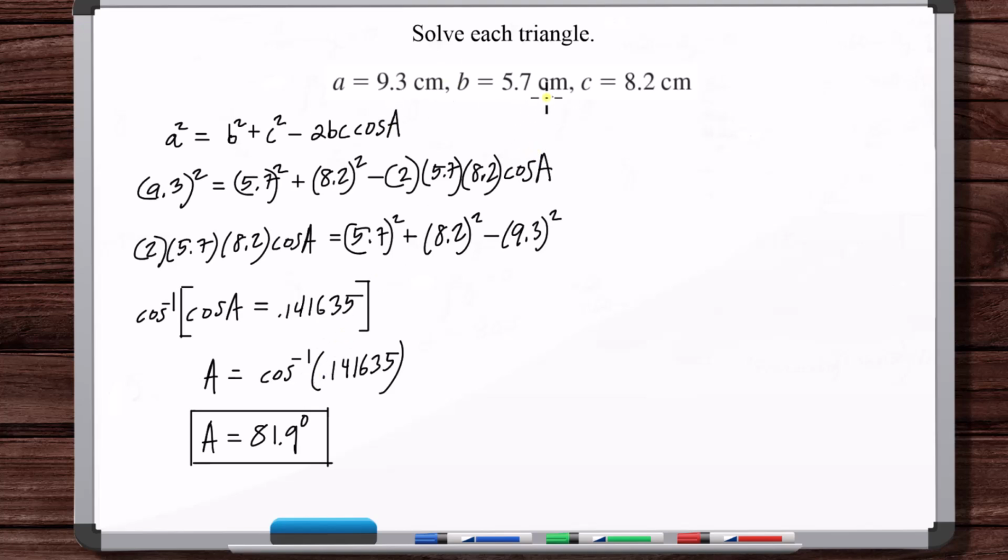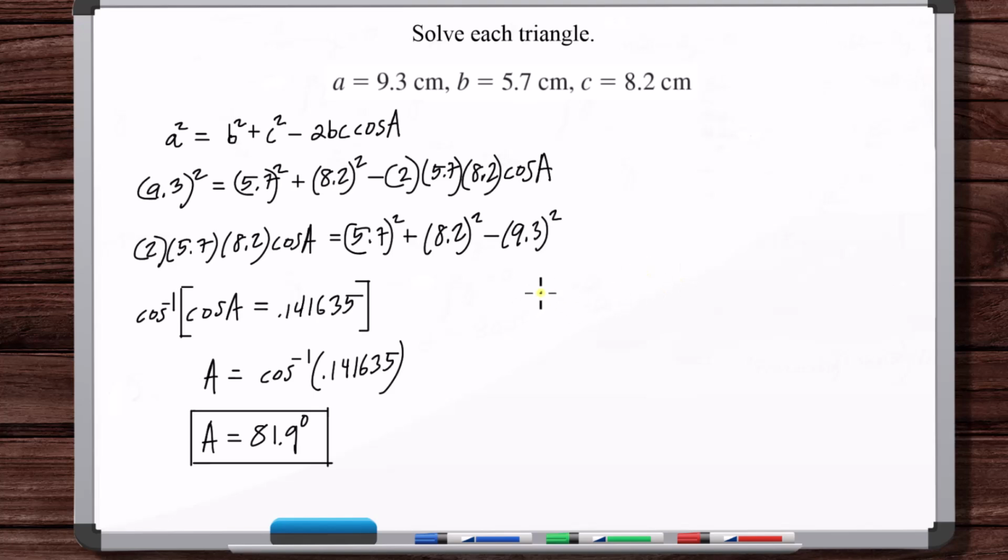We choose the shortest available side length. So we're not going to be using side length A, because we're not solving for A. We're solving for angle B or C. Well, we want to solve for angle B, because angle B is opposite the shorter of the remaining side lengths. So we know when we take inverse sine that it has to be an acute angle.